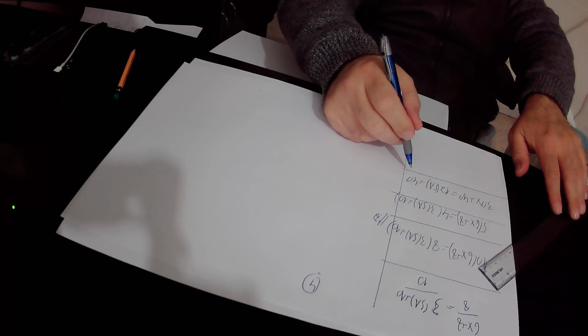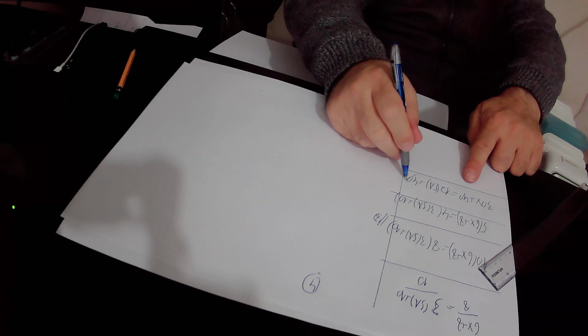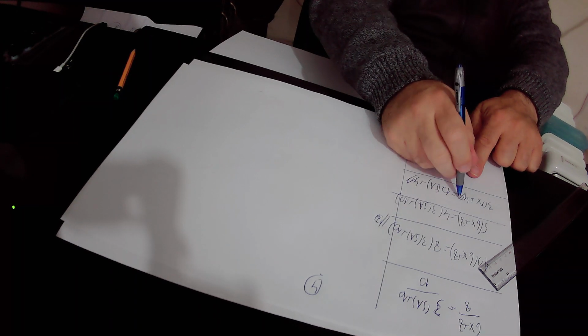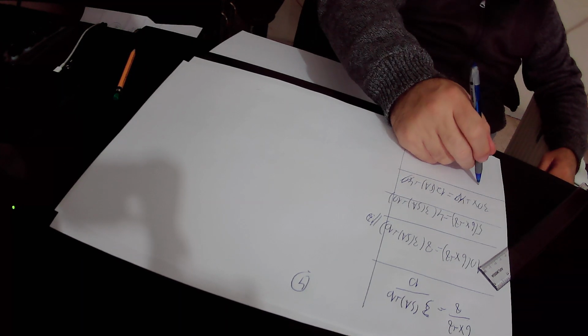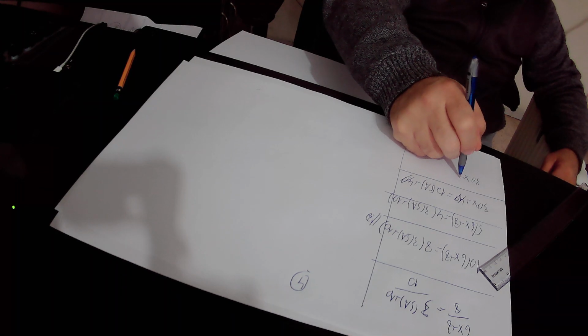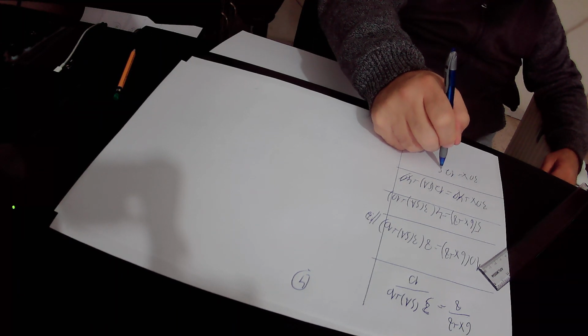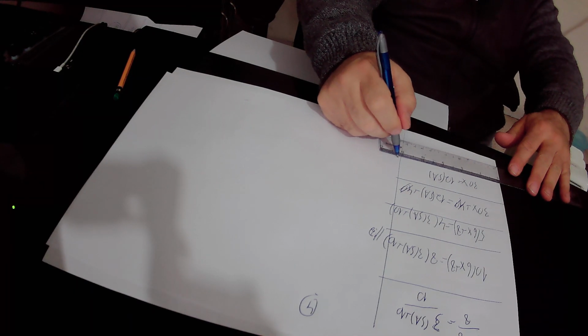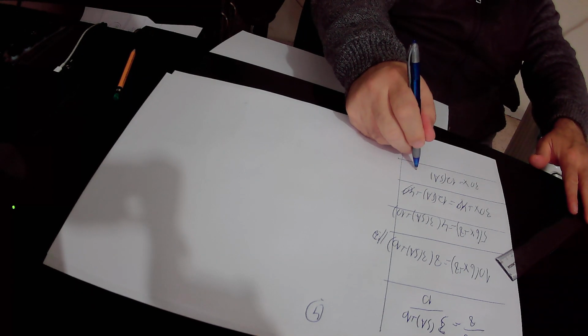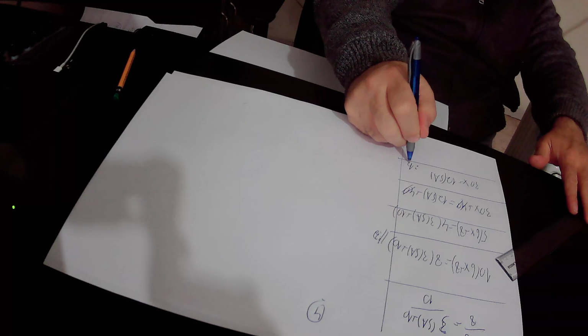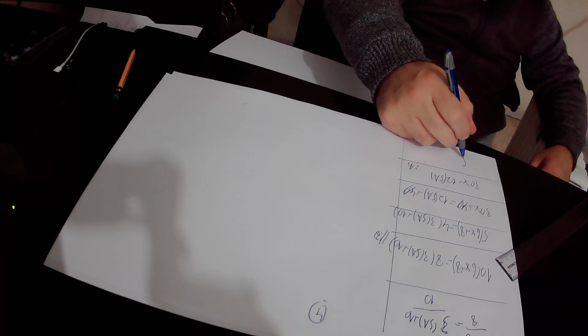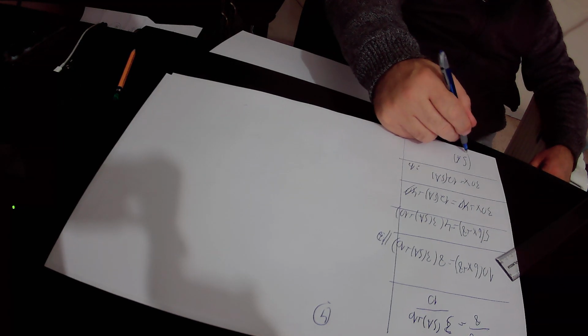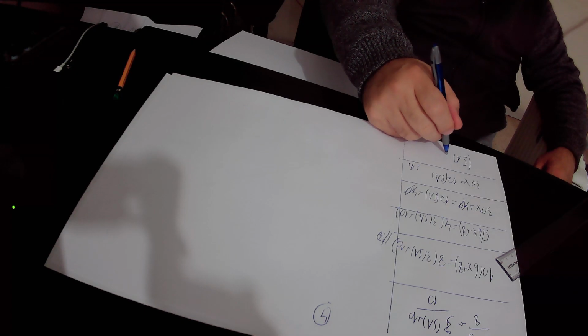So here we have 40 on both sides of the equation, so 40 will get cancelled. And we are left only with 30x equals 12SA. Here we divide this equation by 12, and finally we get that SA equals 30x over 12, which is 2.5x.